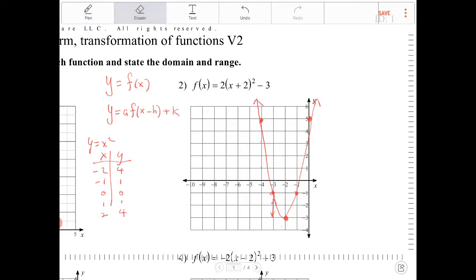Again, you can always resort to just plotting points. So for instance, you can throw in, let's say, -3. Let's say you didn't know that the point was supposed to be located there. You can then figure out what that is by performing the computation. And then you can do this one more time for -4.